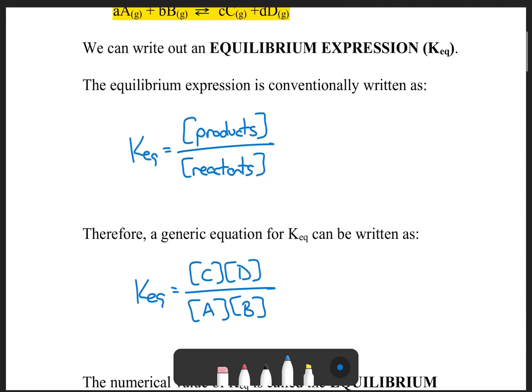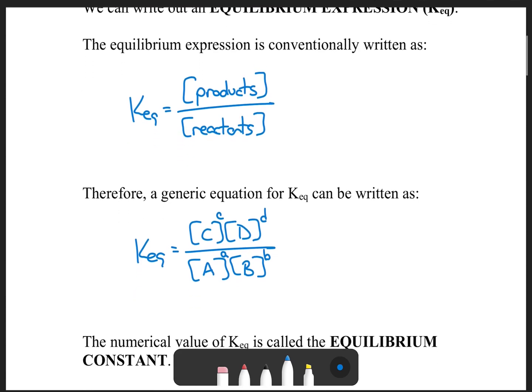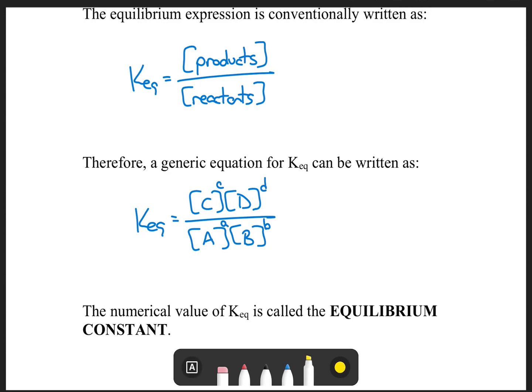The coefficients, the lowercase letters a, b, c, and d, actually become our exponents in our expression. So there is our KEQ expression. The numerical value of KEQ is called the equilibrium constant.